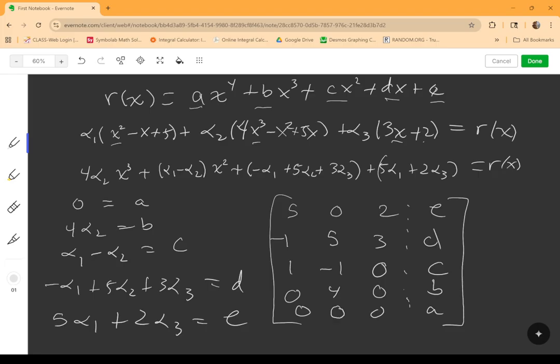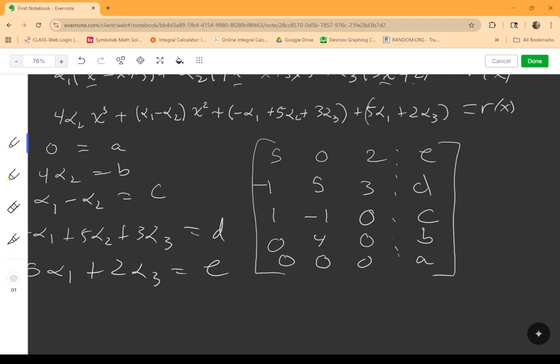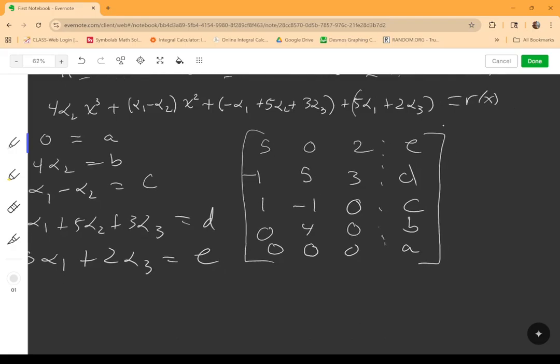If this is in a span, it would work for any possible combination of A, B, C, D, and E. So I want the system to be consistent no matter what the choices are. But we can see this is not always going to be consistent.